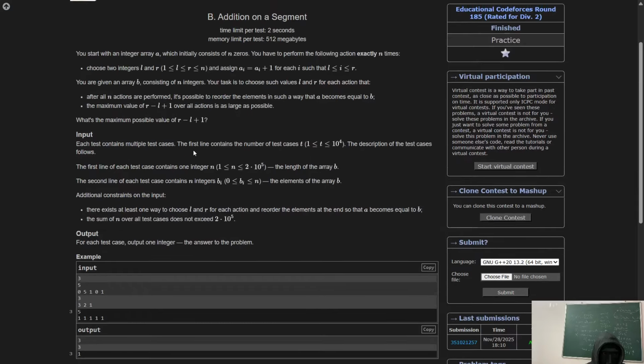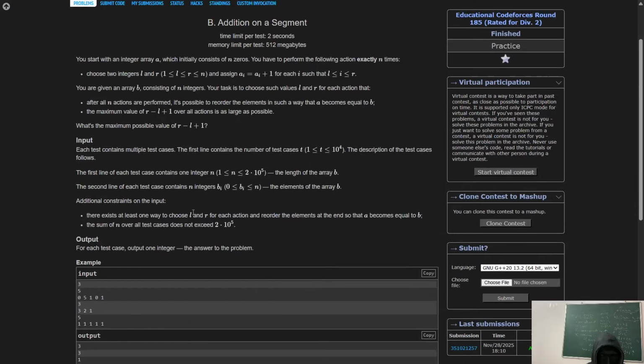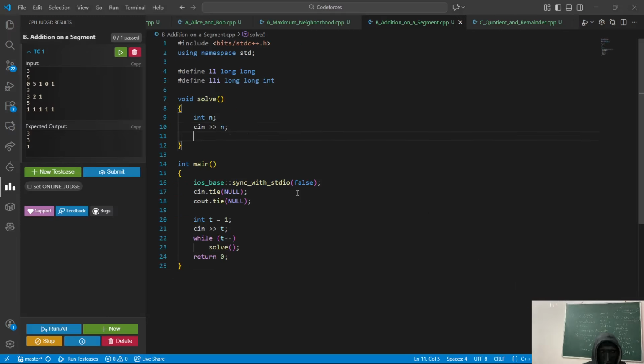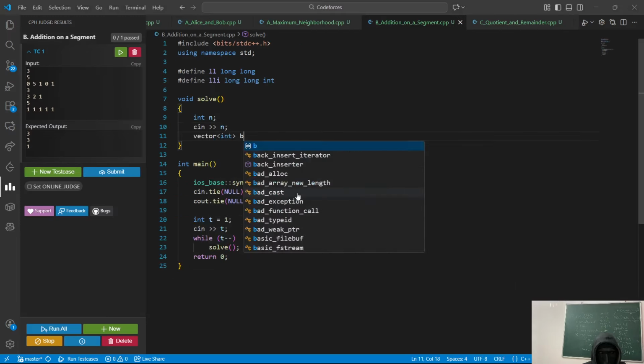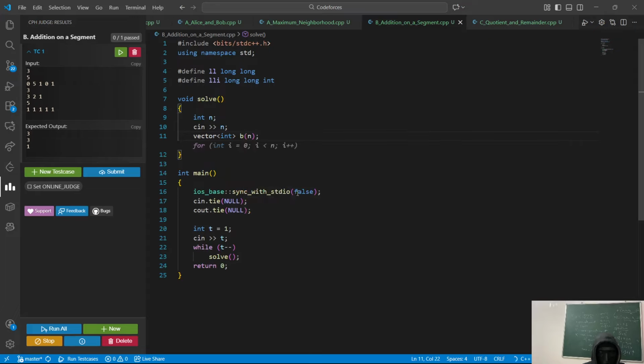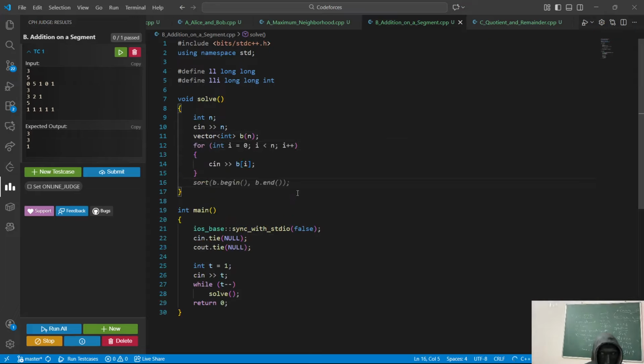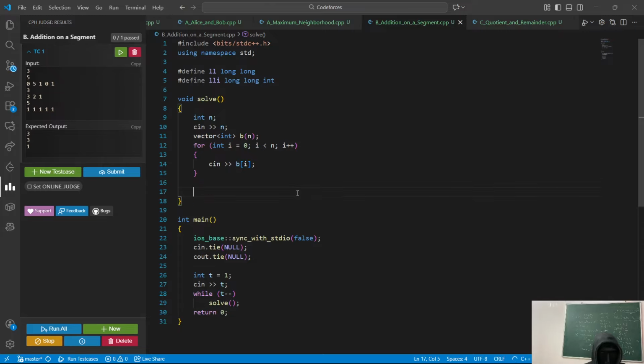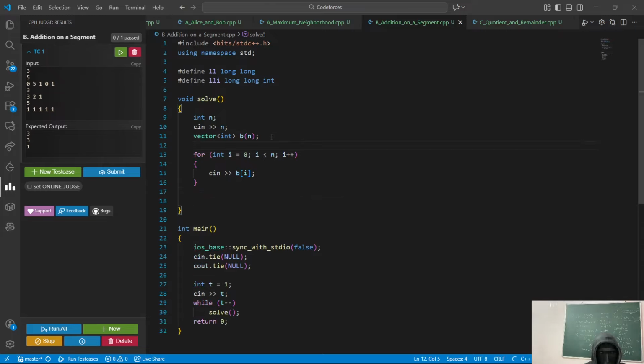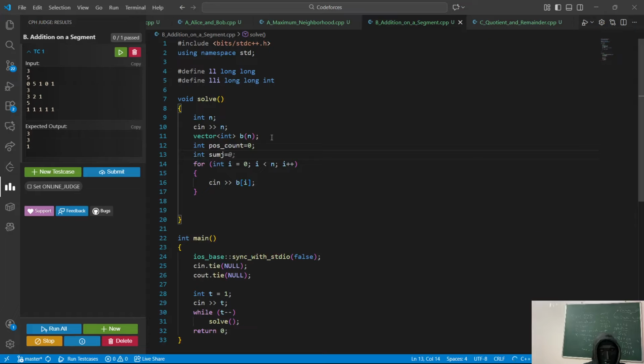So yeah, let's take input. We have test cases, and for every test case we have integer n, and then we have array b elements. Let's take b elements. Now when taking b elements, let's take positive count, which is initially 0, and sum will also be 0.